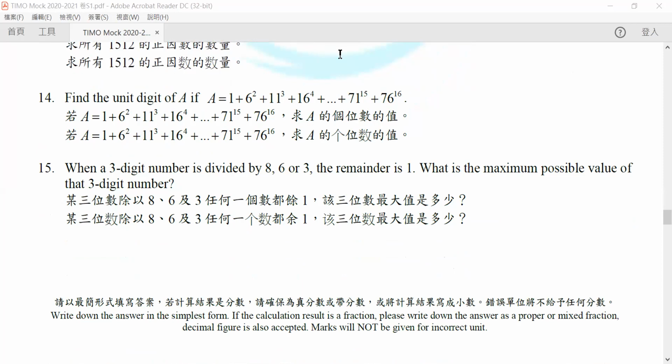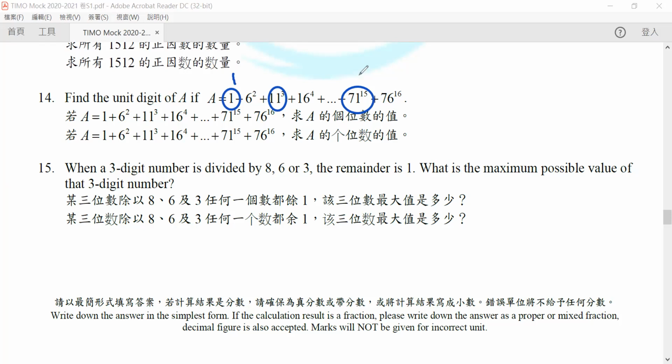Divide all these numbers into two groups. One is all the numbers with 1 as its last digit. We know that since it has 1 as its last digit, all these numbers are actually 1.